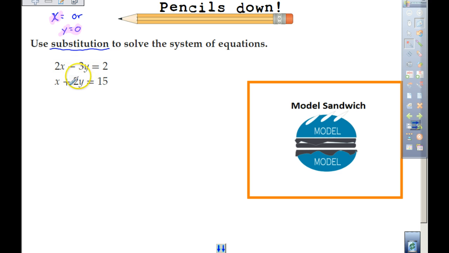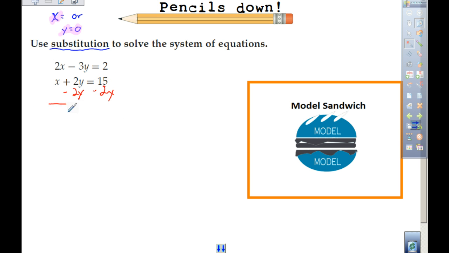If I solve this equation for y, I'd have to subtract x, divide by 2. But if I solve this equation for x, I only have to do one step. So really, you could do any one of those I just went over, but why not just do the easiest one? Why not do just the easiest one?